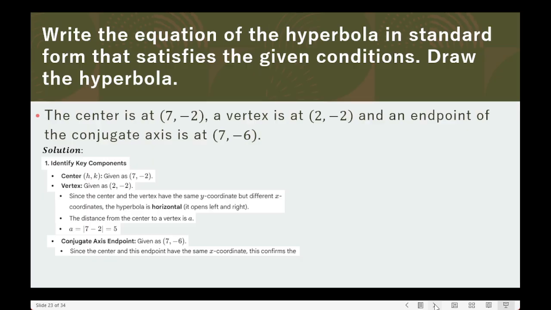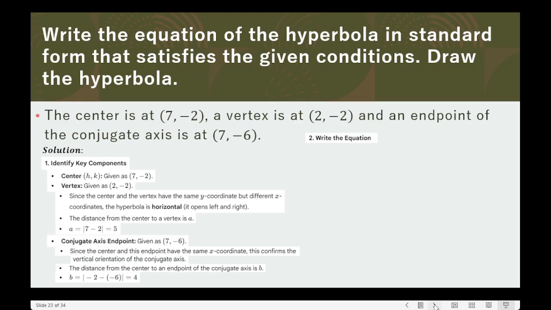Now since the center and this endpoint have the same x-coordinate, this confirms the vertical orientation of the conjugate axis. So the distance from the center to an endpoint of the conjugate axis is denoted by small letter b. So we simply get the absolute value of the difference between -2 and -6. And that will give us 4.